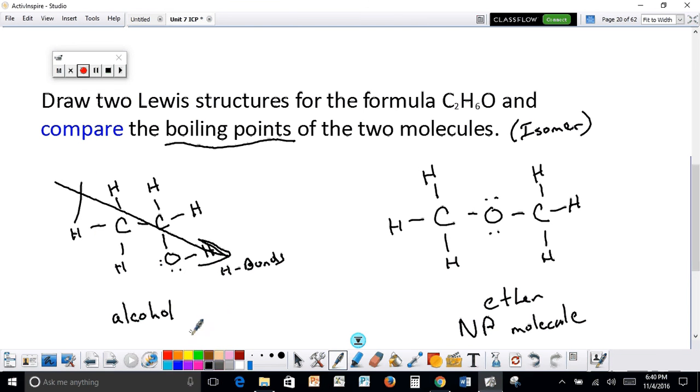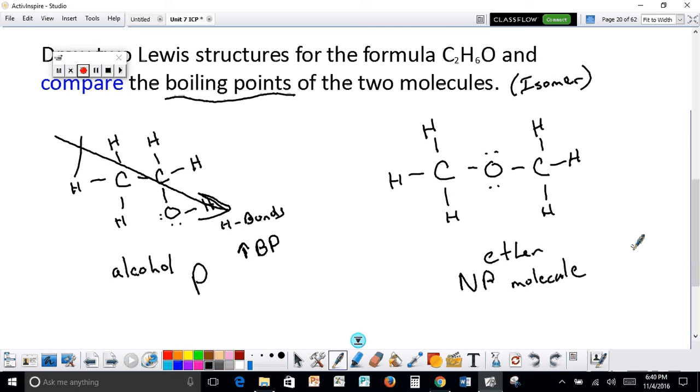All right, so that means that this one is going to be a polar molecule. So which one will have the higher boiling point? The alcohol. Higher boiling point.